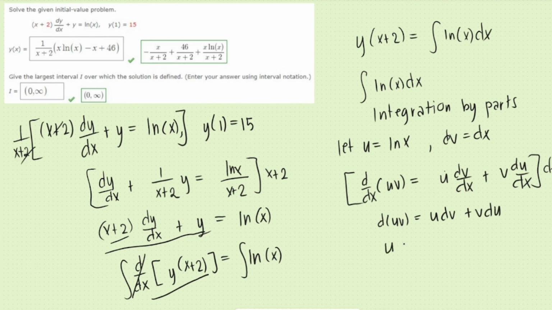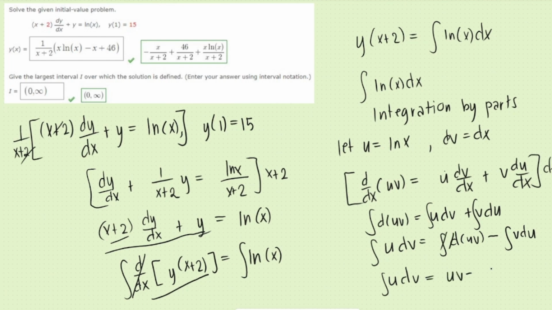So now u dv is just equal to, let's integrate these, the integral of d(uv) minus the integral of v du. So the integral of u dv is actually uv minus the integral of v du.